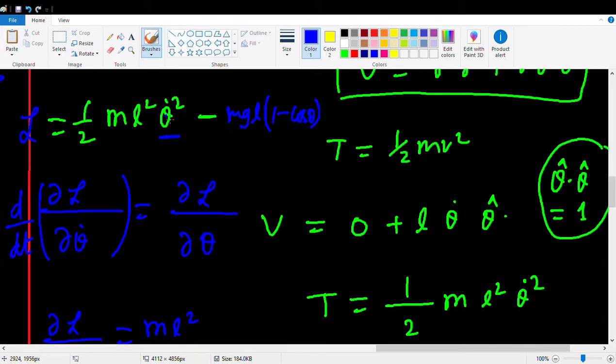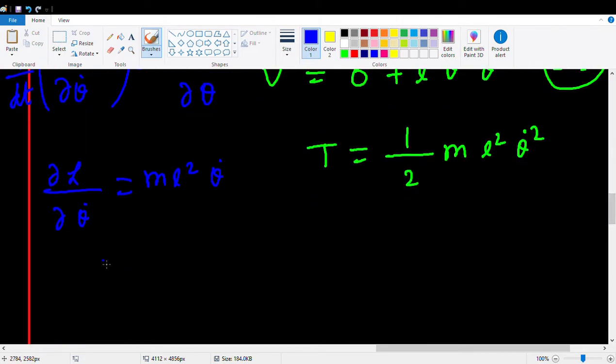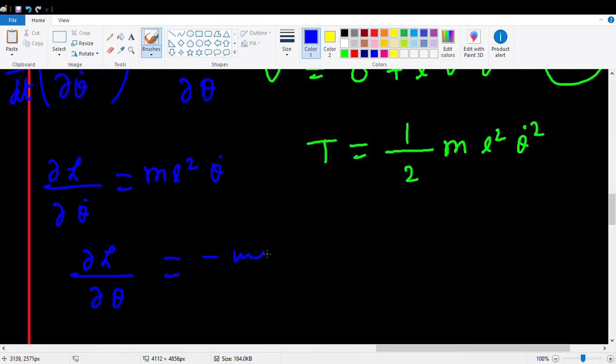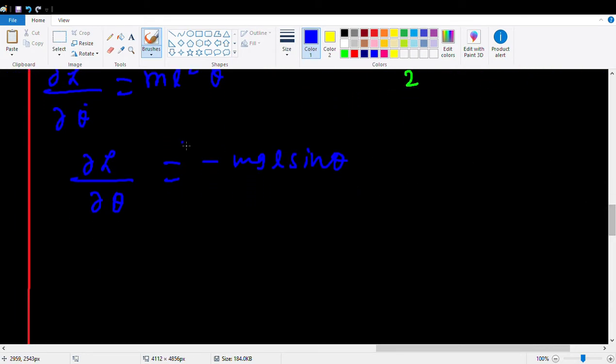Now what happens to del L by del theta? The theta dot term vanishes, and this gives me minus mgl sine theta. It is a very simple task.